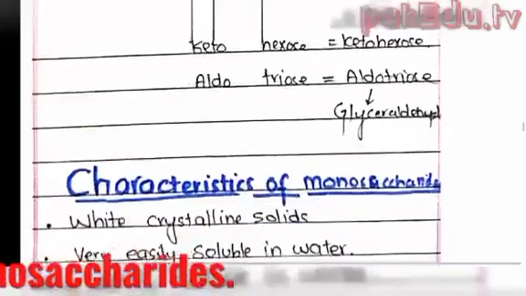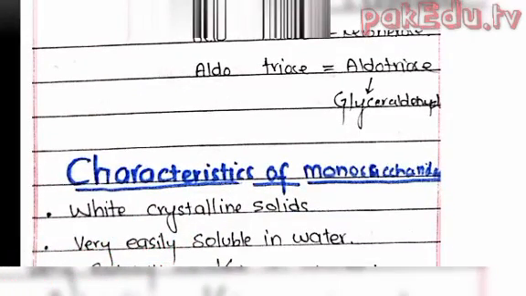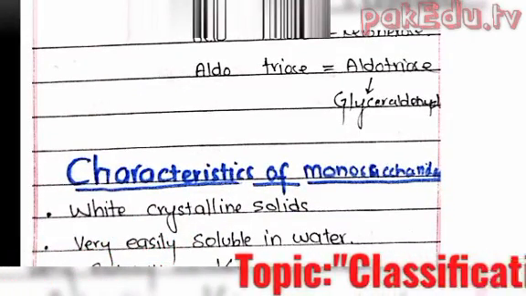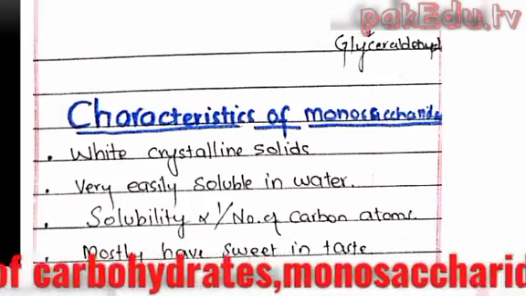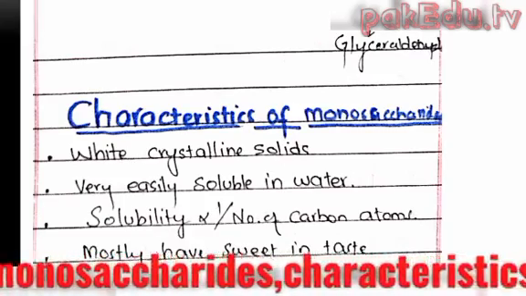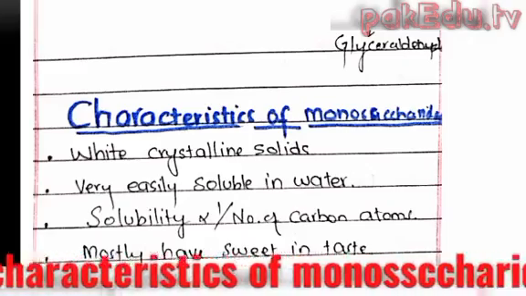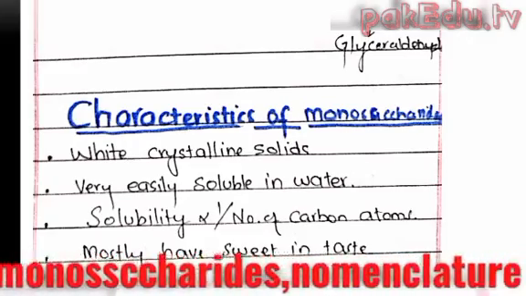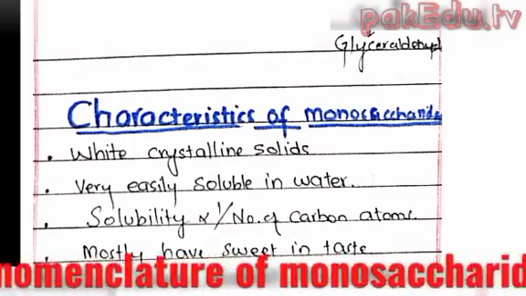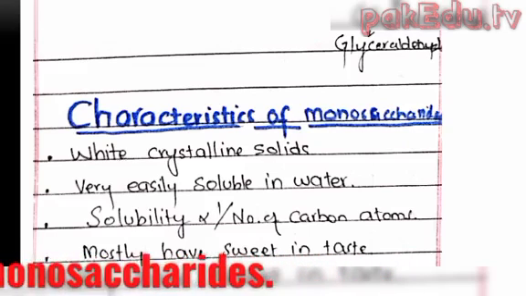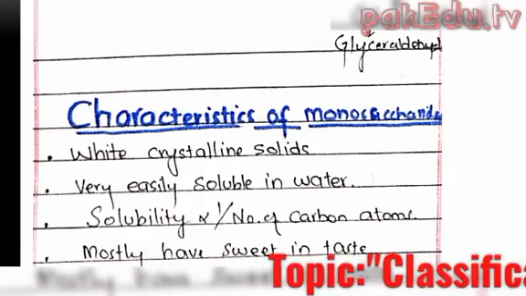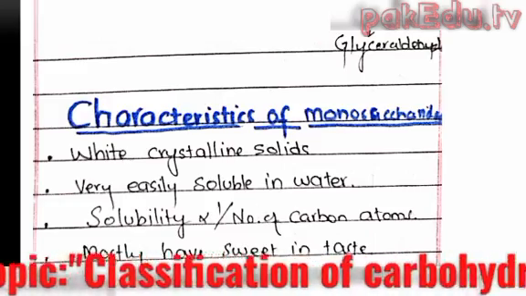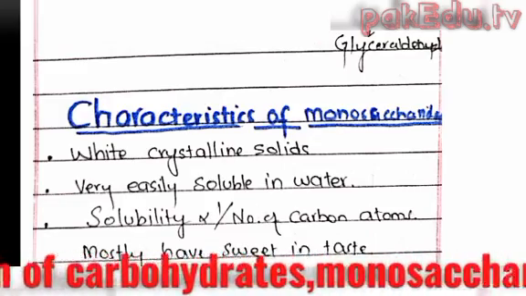Next we discuss characteristics of monosaccharides. The first one is that these are white crystalline solids. These are easily soluble in water, because solubility is inversely proportional to the number of carbon atoms. As the number of carbon atoms increases, solubility decreases, because monosaccharides have the least number of carbon atoms as compared to other carbohydrates.